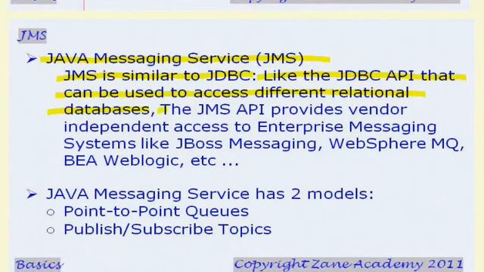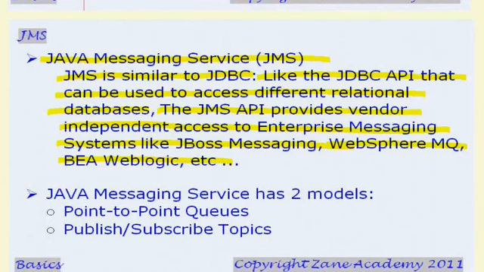We can use the JMS API in order to access different enterprise messaging systems, like JBoss Messaging, WebSphere MQ, or BEA WebLogic. The JMS code is not going to change if we're using a JBoss messaging system, a WebSphere MQ system, or a BEA WebLogic system. It's still going to be the same JMS code.